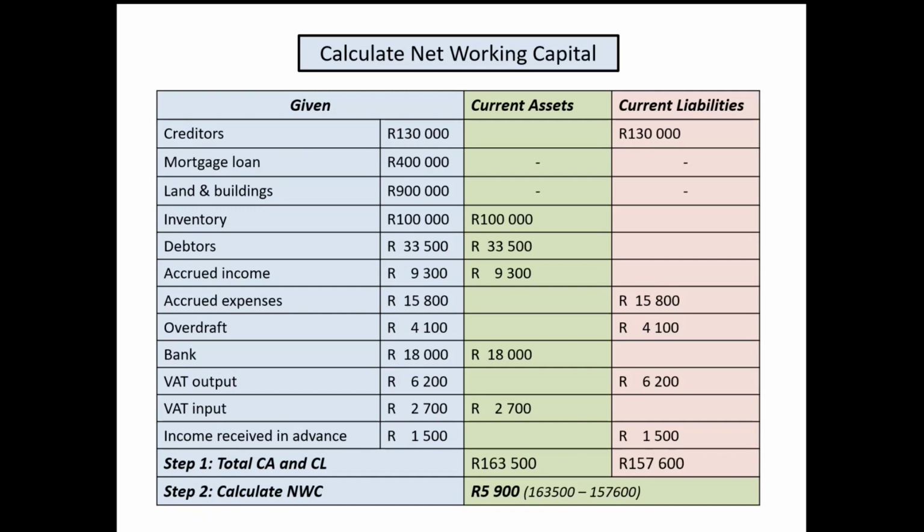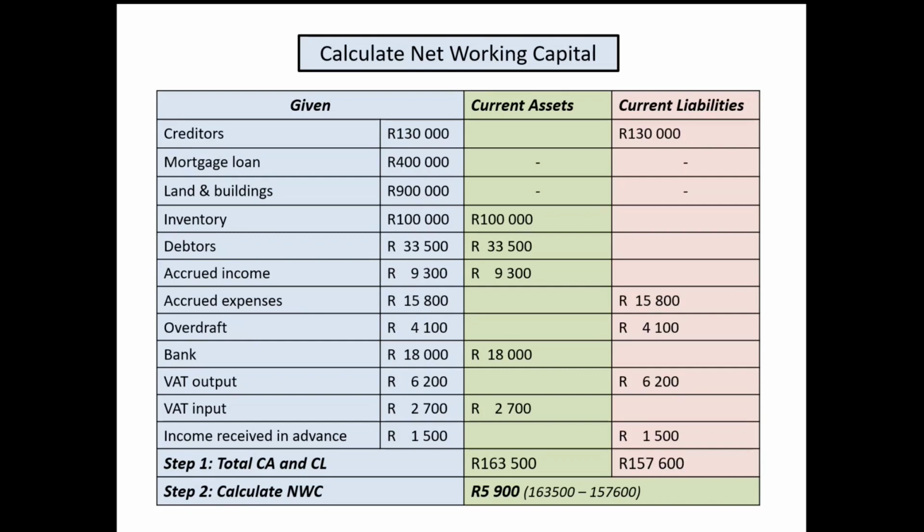Your overdraft is always a current liability. Okay. Money in the bank. This is now positive because we distinguished between the overdraft and the positive value of the money in the bank. The money in the bank is a current asset. Okay. Then your VAT output.